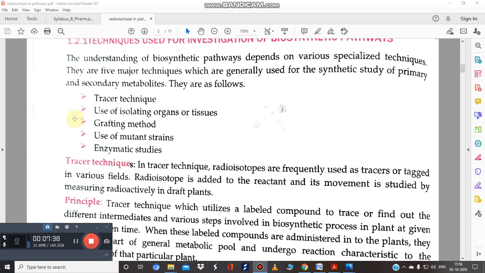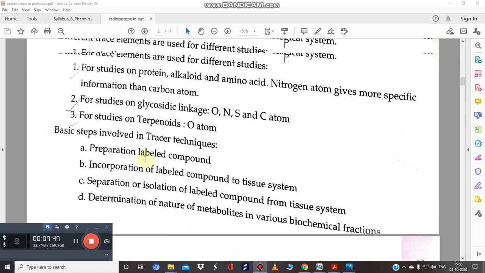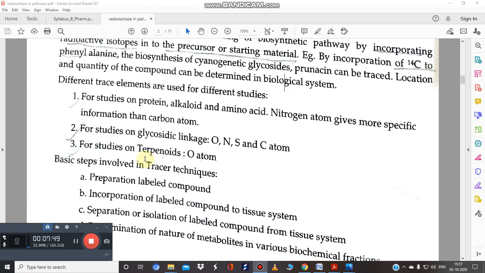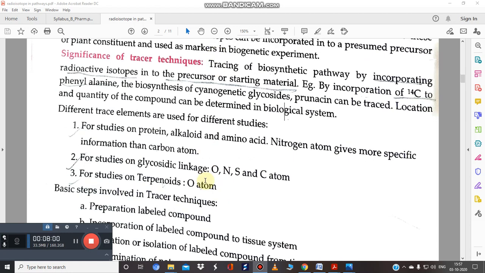In the next video, we will go into detail about the tracer technique, because so far we have covered that we use different types of radioactive isotopes in monitoring biosynthetic pathways. In the next video we will see the basic steps involved in the tracer technique and how we use these radioisotopes in detail.